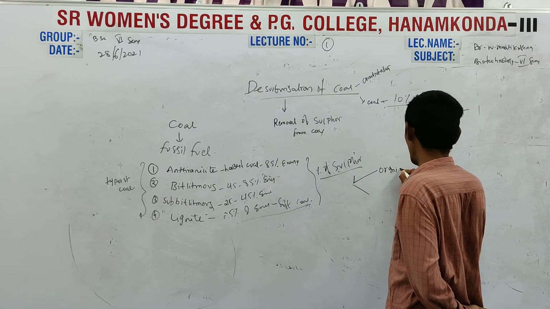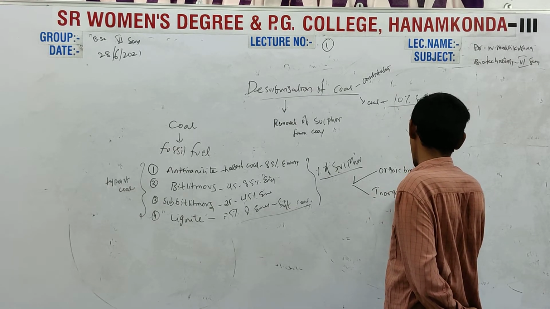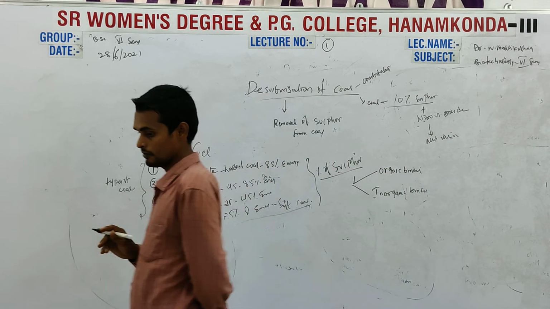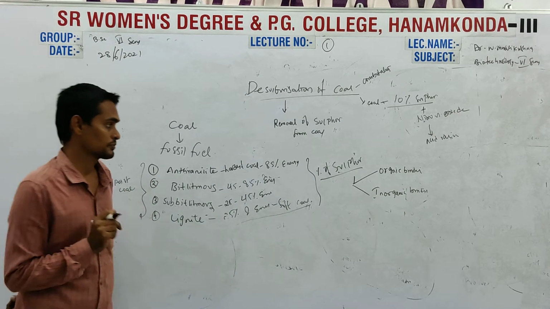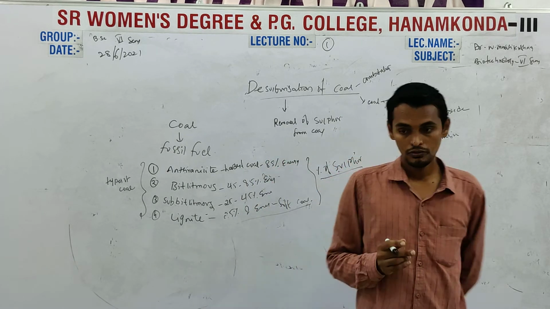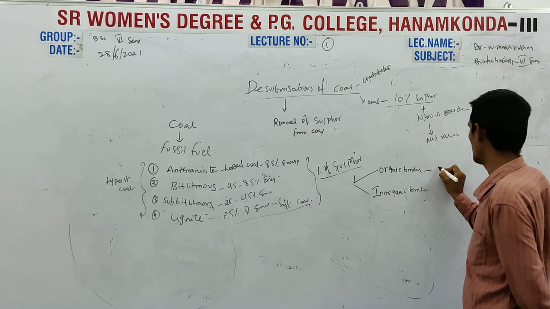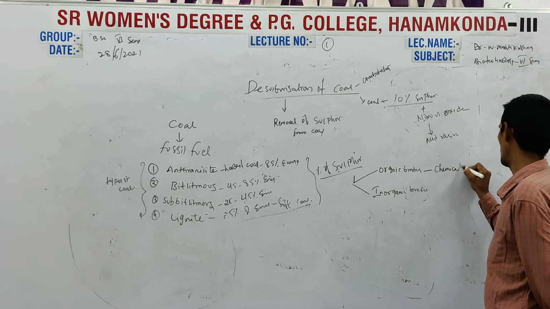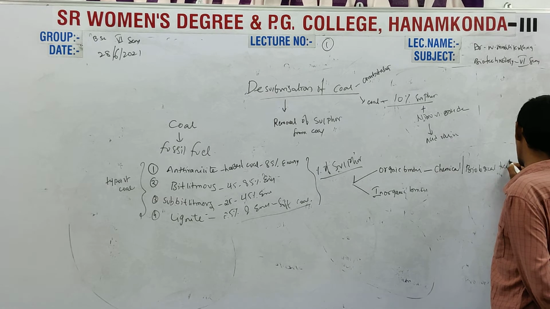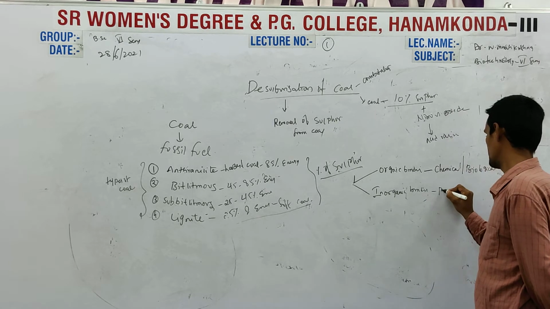The coal will be attached to sulfur in 2 forms, that is organic binding and inorganic binding. Organic binding can be removed by using chemical or biological treatment, whereas inorganic binding can be removed by physical methods.